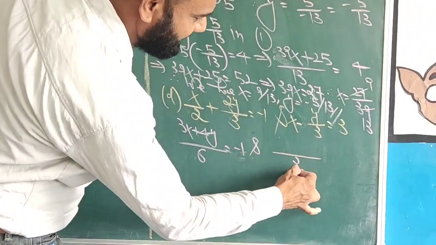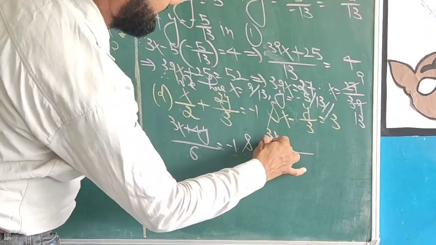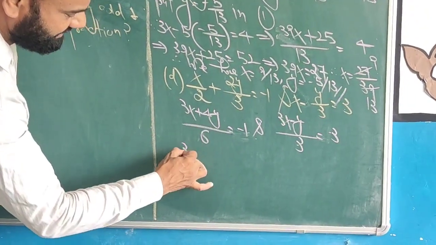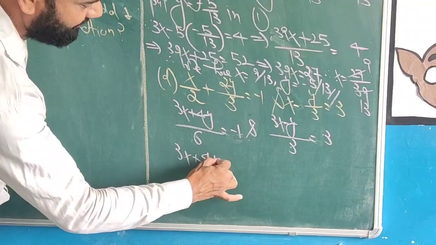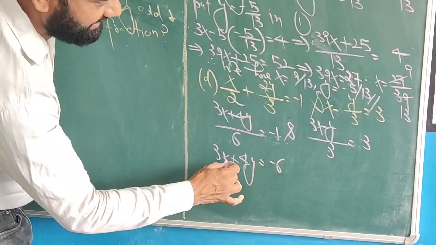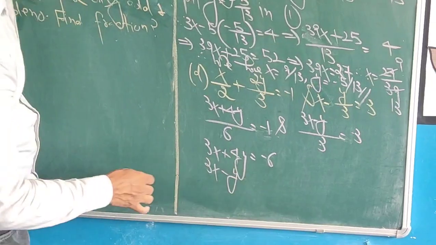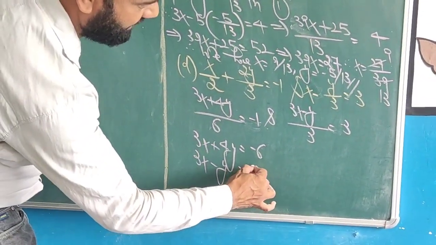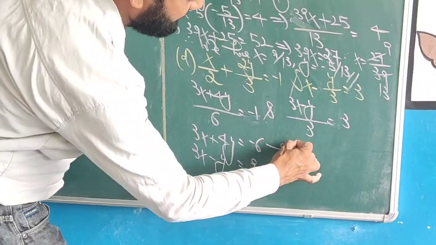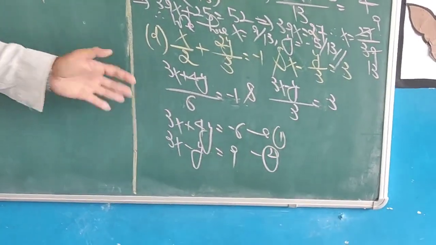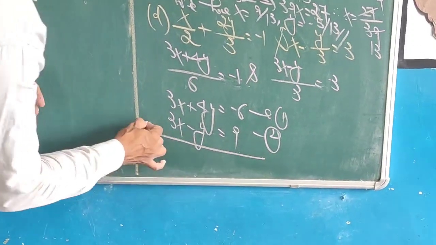And secondly, the LCM is 3. This is 3x minus y is equal to 9. So this is 3x plus 4y is equal to minus 6, and secondly 3x minus y is equal to 9. Now we solve these two equations easily, because the coefficients of x are already equal.